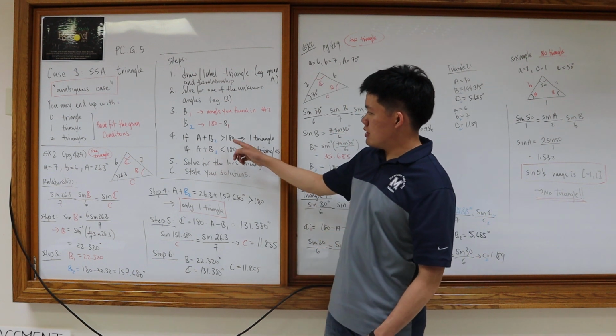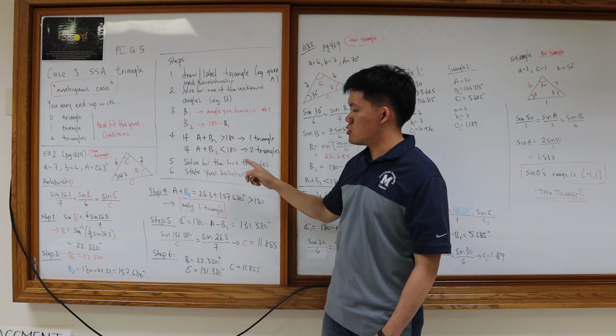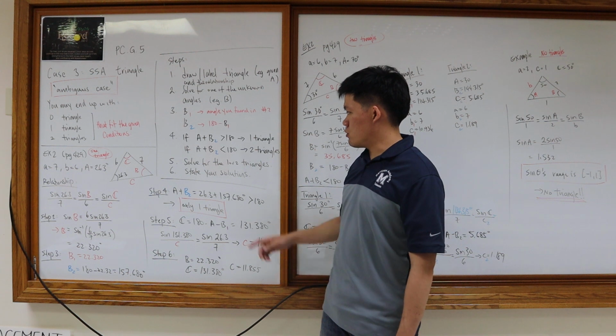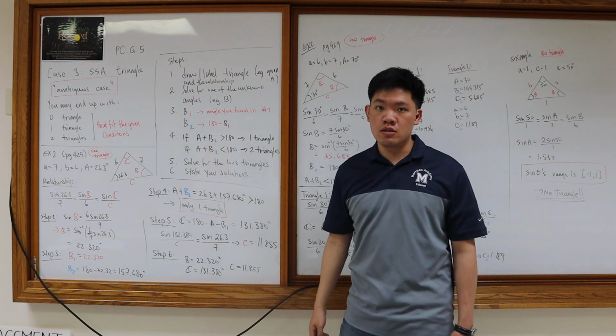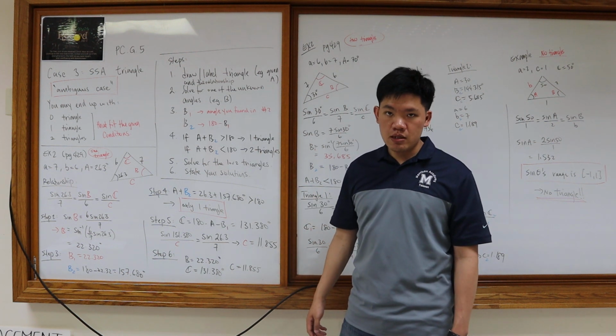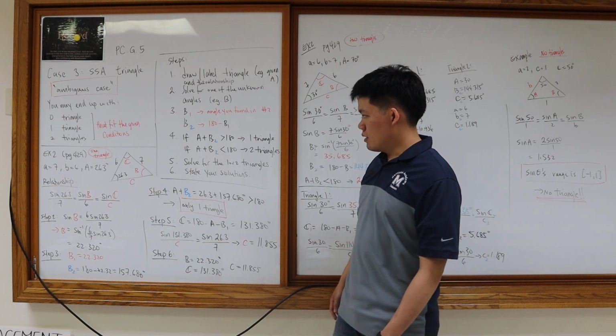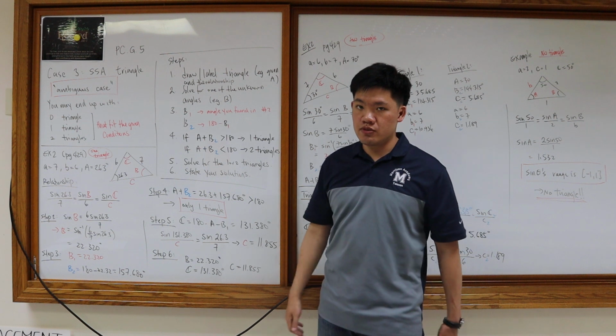Given these two scenarios, if you have one triangle, you solve for the other angle C and side C. If you have two triangles, you have to find two pairs of angle C and side C. Again, just follow the procedure.